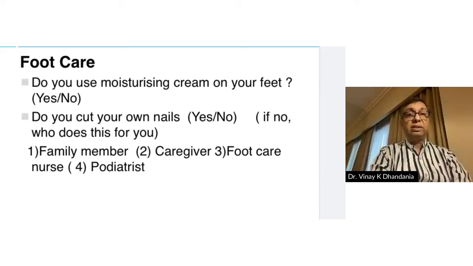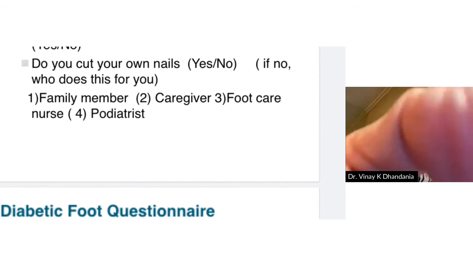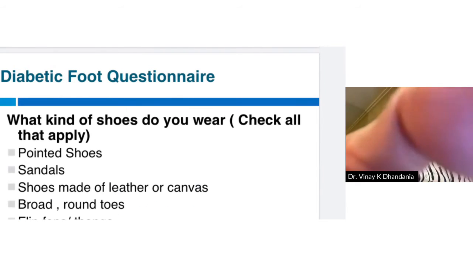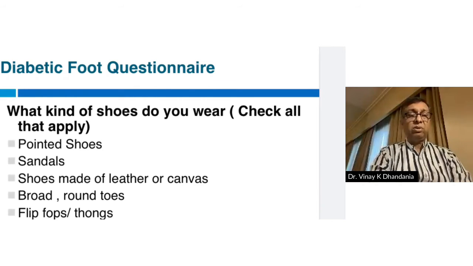Do you cut your nails on your own, or do you take assistance of a family member, caregiver, foot care nurse, or a podiatrist? So these are very, very simple questions that you can ask your patients. And whenever you talk about the diabetic foot on a particular visit, you make a note that the diabetic foot questionnaire has been done, so that next time when the patient comes, you can talk about diabetic retinopathy, diabetic kidney disease, or heart failure symptoms.